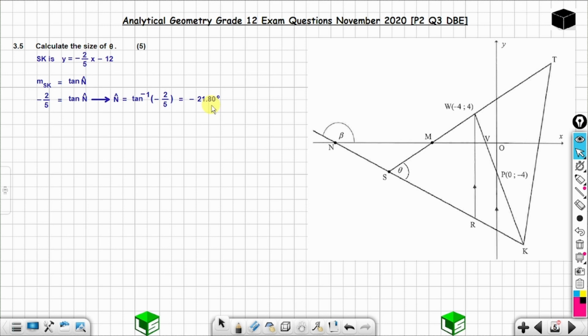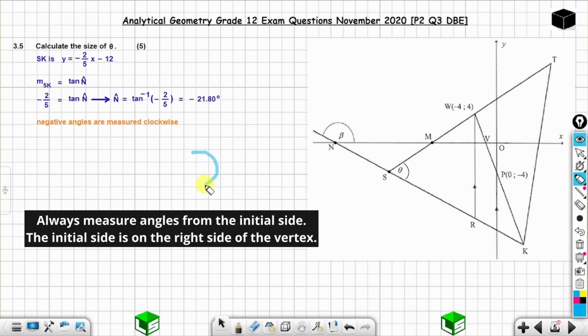This is what you have to know about negative angles: negative angles are measured clockwise. Let me show you. This is clockwise.